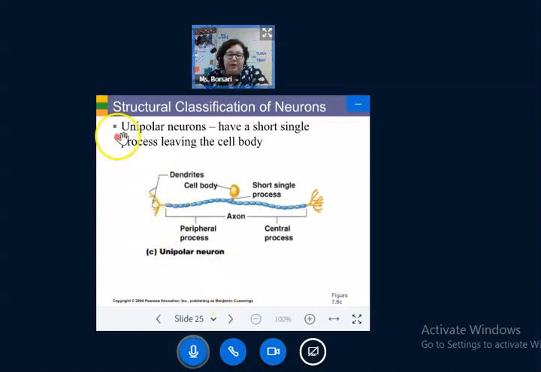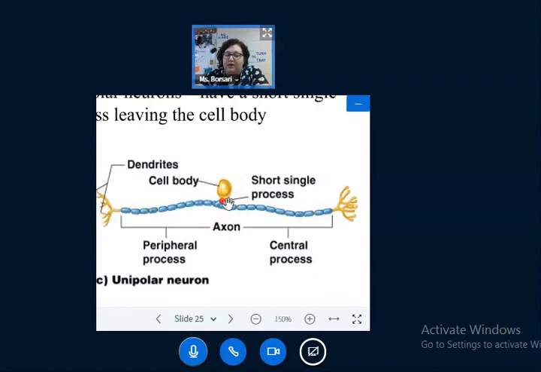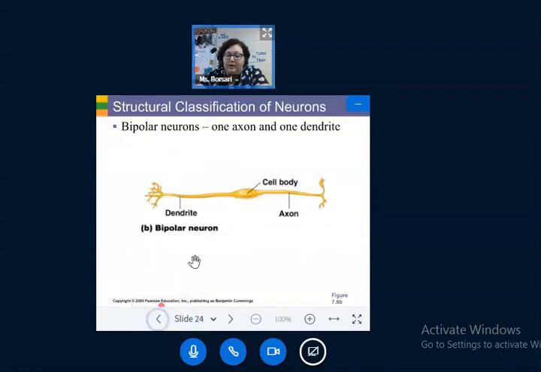And finally, you have unipolar neurons. They have a single process leaving the cell body. Even though this has some different ends here, it is coming from one point. Zooming in, we can see this single process coming off of the cell body, whereas we had our cell body here and two processes coming off of it.